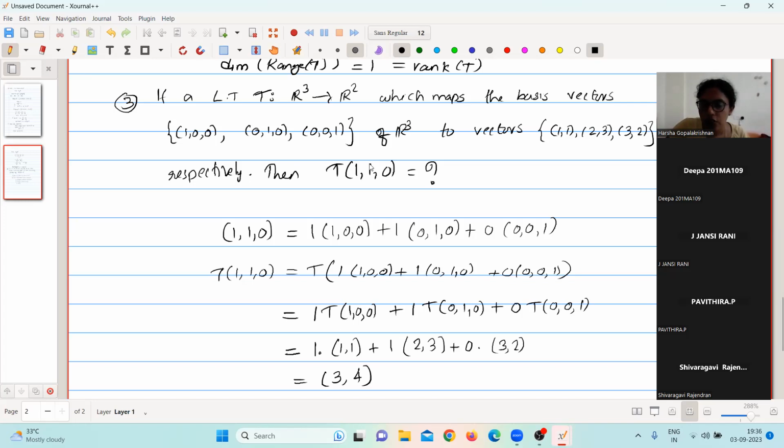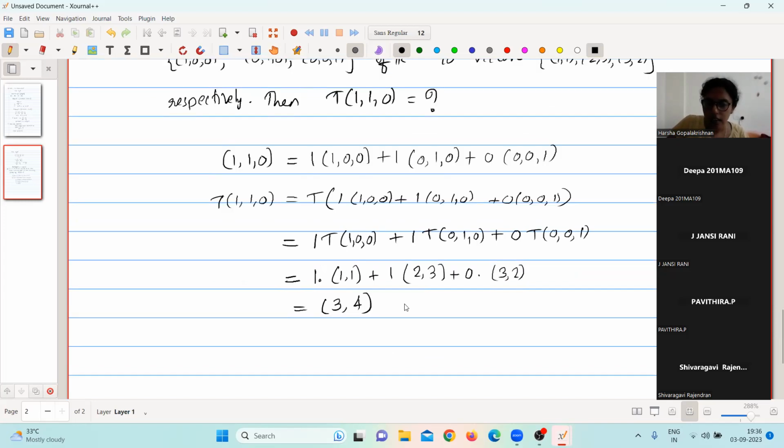So what we want to do is, we don't know the value at this point. We will write it as the linear combination of known values, and then we will apply the property of linearity of the linear transformation. And then we will use this result like T of (1,0,0) equal to (1,1) and so on. And then we get the result.